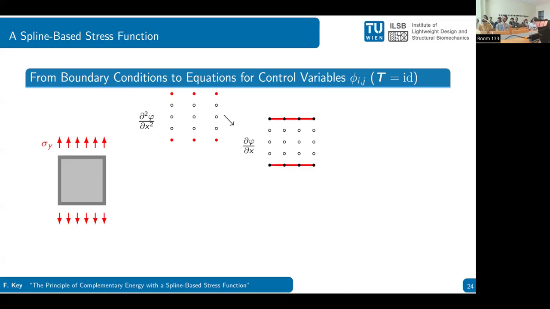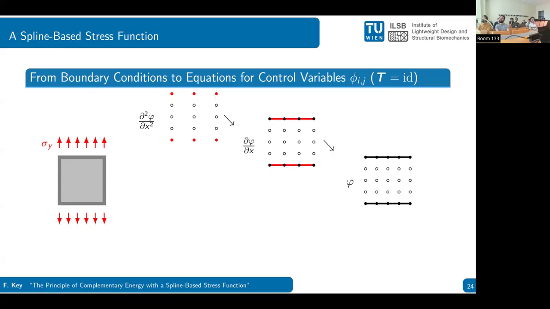And now, as I mentioned before, the control variables of this spline are related to the control variables of the first order derivative. Essentially, if you prescribe here one value, let's say 2, then this leads to a condition for those three values. You can also imagine that if you took the derivative from here to here, and you have two values here, you get one value here of the derivative. So we propagate in this direction the values that we prescribe in the boundary conditions, and we can do this one more time.